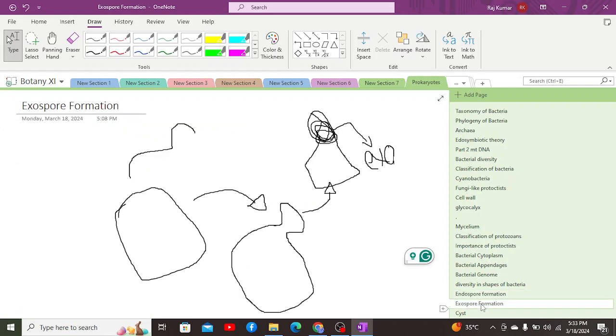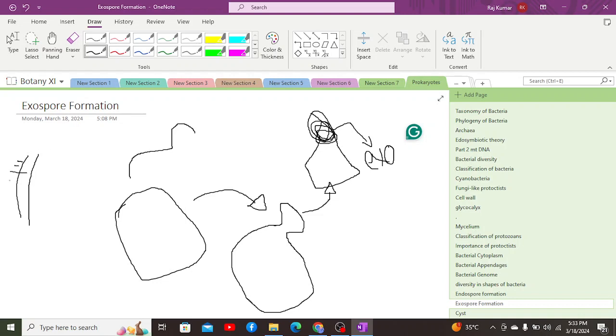However, endospore is more resistant than exospore. The reason behind it is that exospore has a thinner layer as compared to endospore. If we talk about their layers, all of these layers are present: the outer coat is present, the cortex is present, as well as the outer layer.